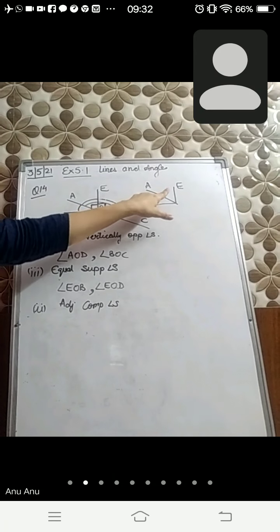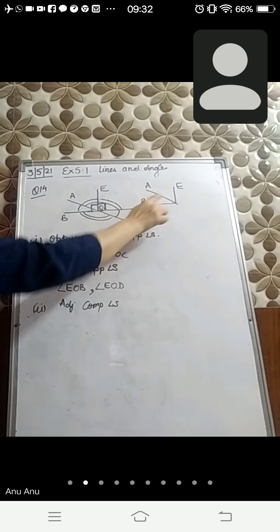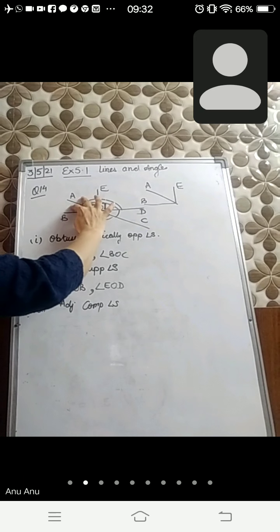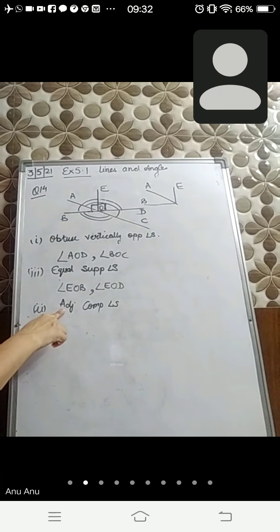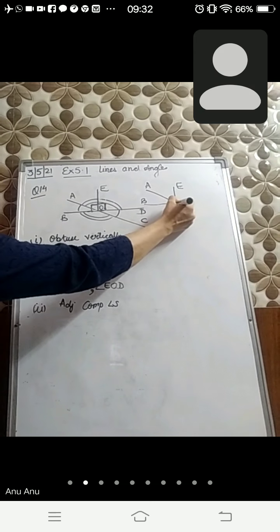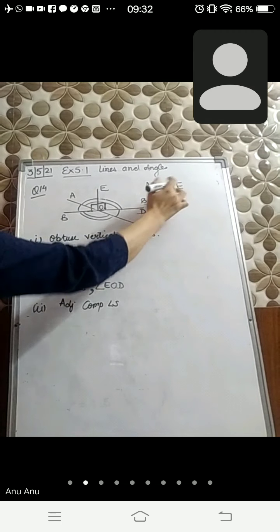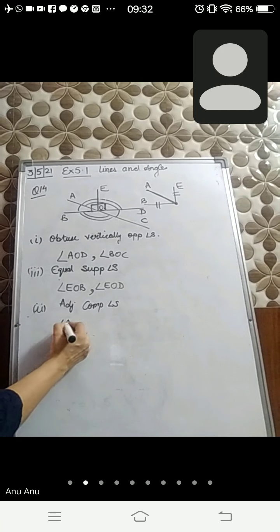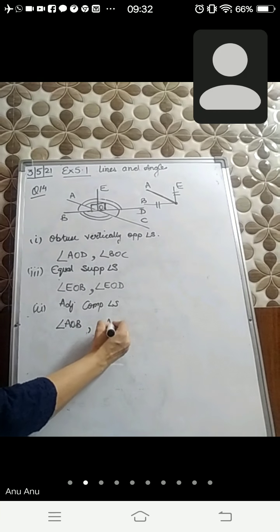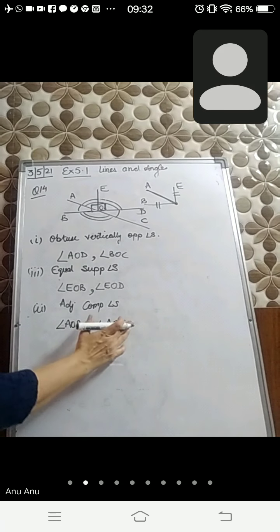So the sum of these two angles is 90. What do you mean by complementary? Complementary angles are those which make 90 degrees. What about adjacent? Adjacent means they share a common vertex. This is the common arm and the non-common arms are on either side of the common arm. So in this manner, angles AOB and AOE are adjacent as well as complementary.